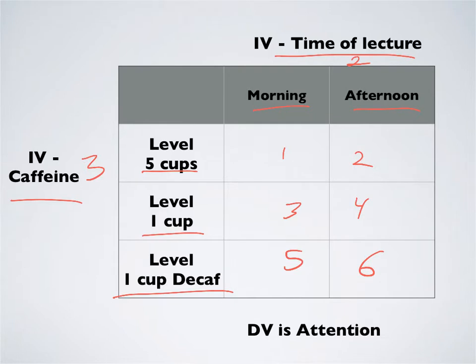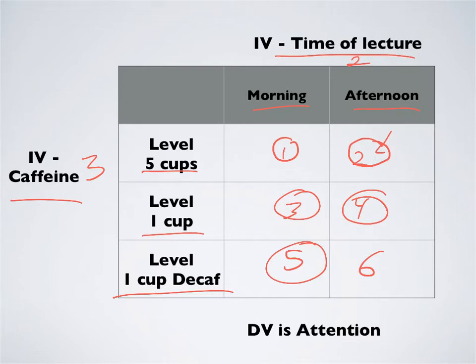They can experience 5 cups of coffee in the morning, or 5 cups in the afternoon, or 1 cup in the morning, 1 cup in the afternoon. Here's the decaf group, the control group: 1 cup decaf in the morning, 1 cup decaf in the afternoon.